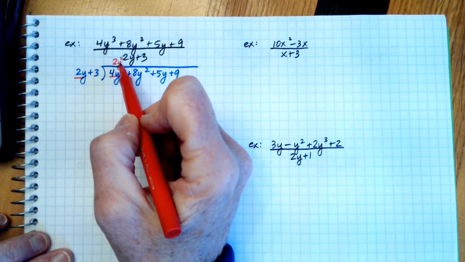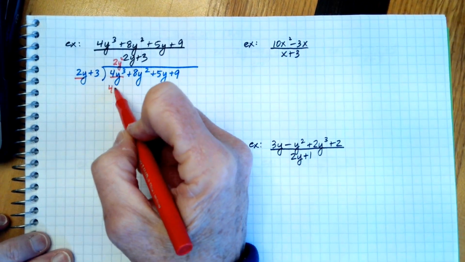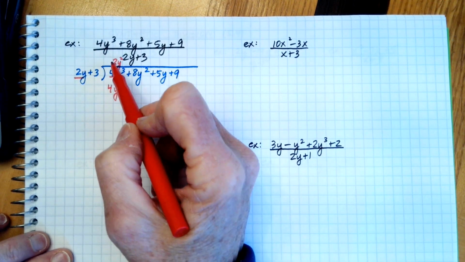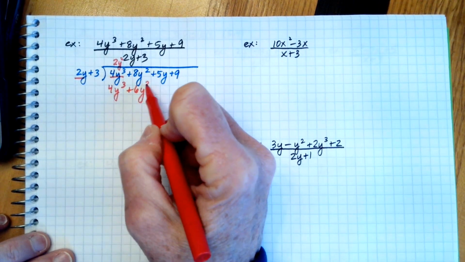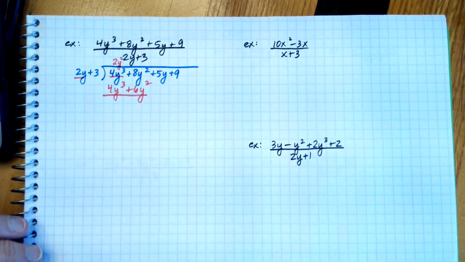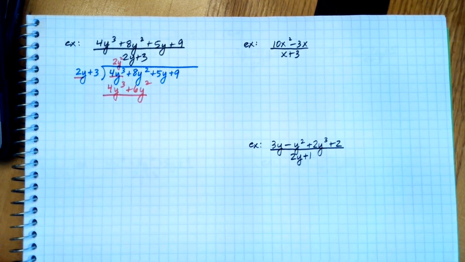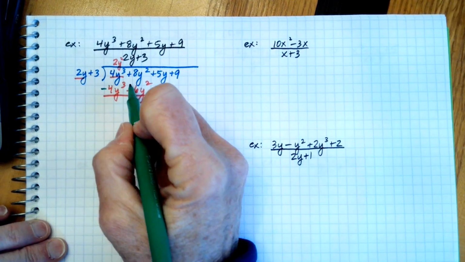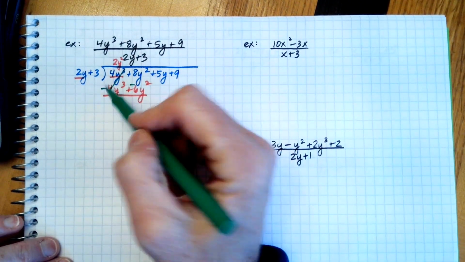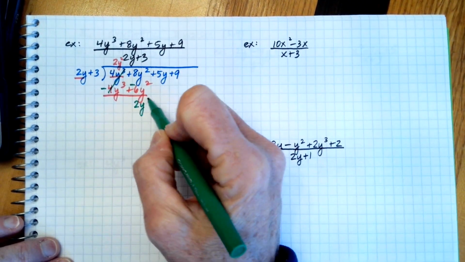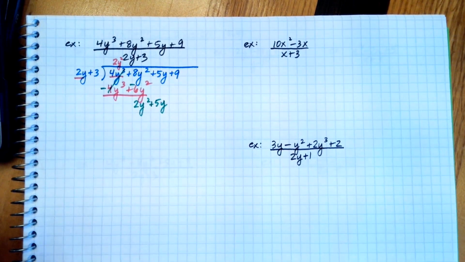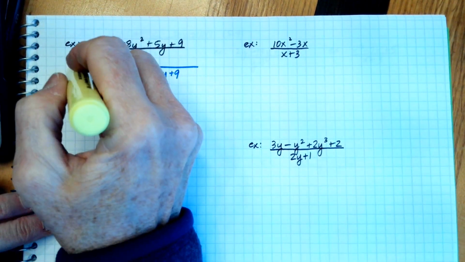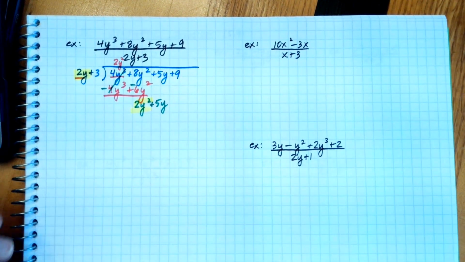So 2y squared times 2y is 4y to the third. 2y squared times 3 is 6y squared. Great. Change the signs to their opposite and combine. These cancel, and I'm left with 2y squared plus 5y. And now I'm going to put 2y into 2y squared.